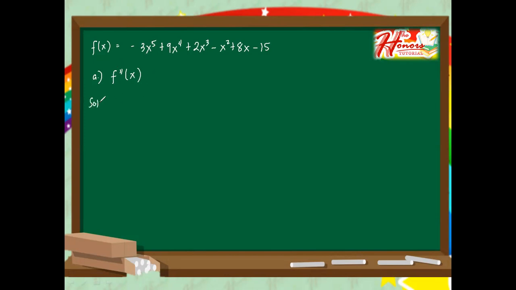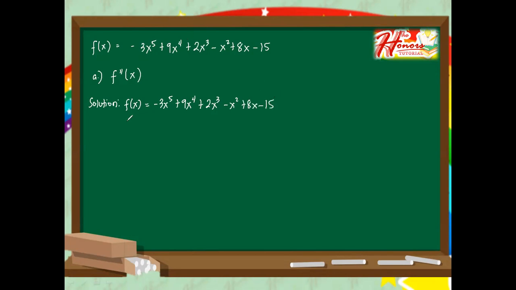Let's have the solution here, and then we will be copying the given first. So that is f of x is equal to negative 3x raised to 5 plus 9x raised to 4 plus 2x cubed minus x squared plus 8x minus 15.